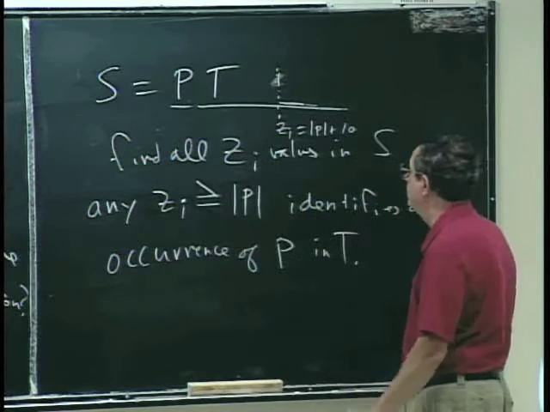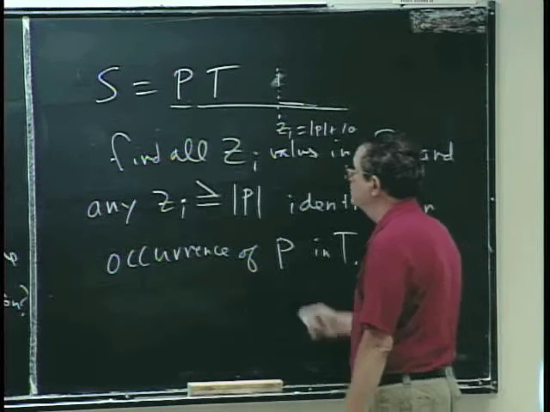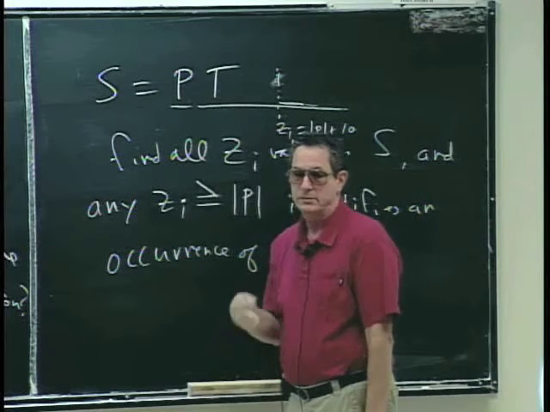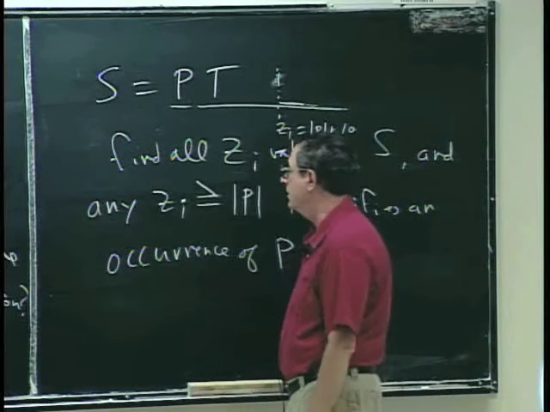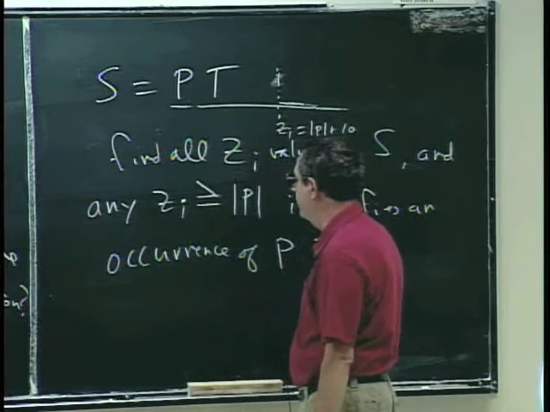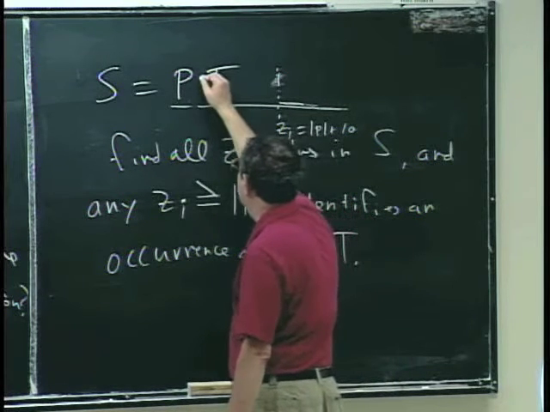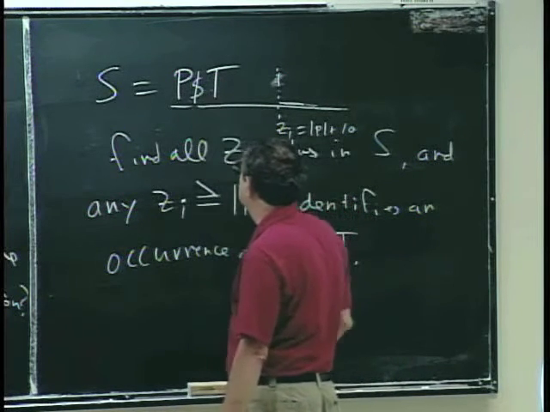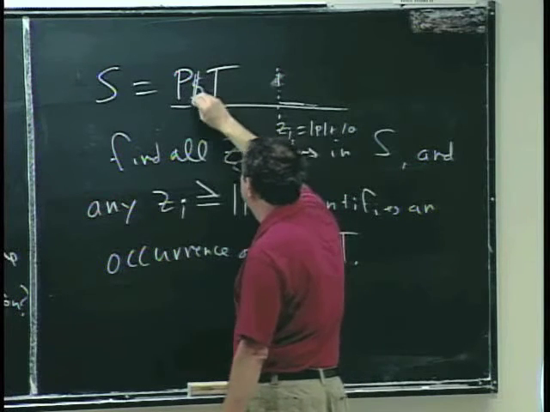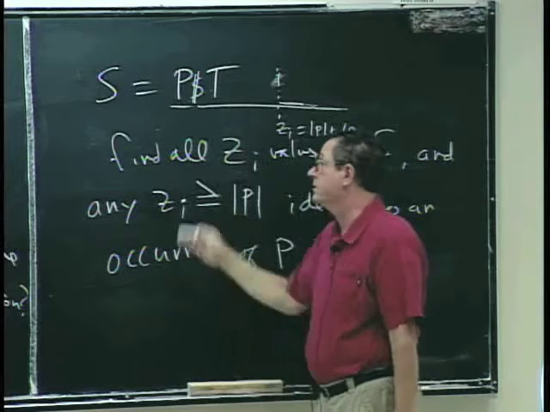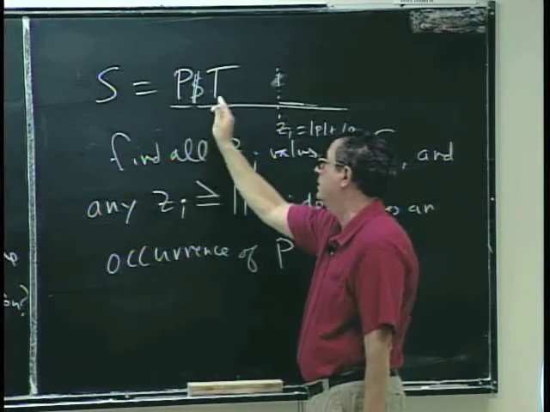Now, sometimes what people do, when they think of problems of this type, just to facilitate the algorithm and the thinking about it, and slightly speed up things, is that they'll put a character, let's say a $, between the two concatenated strings, where this character is guaranteed not to be in either of these strings.